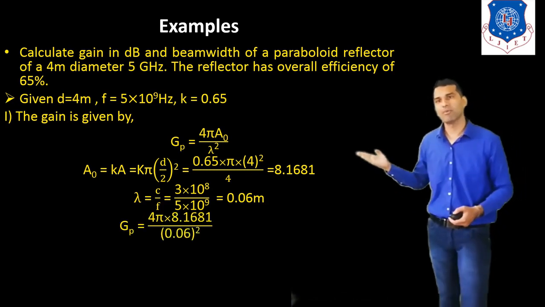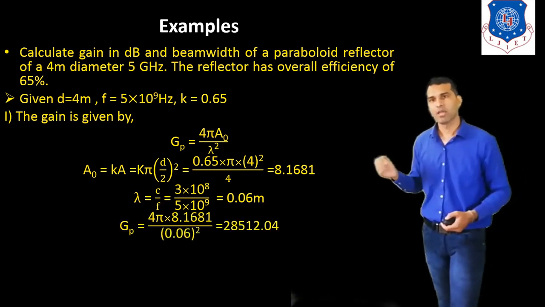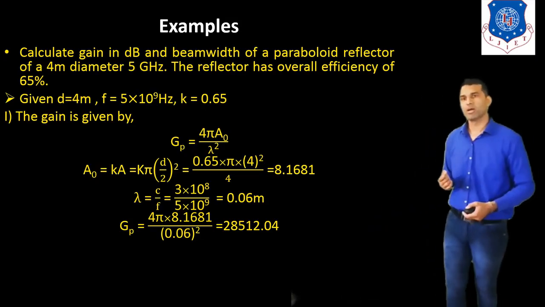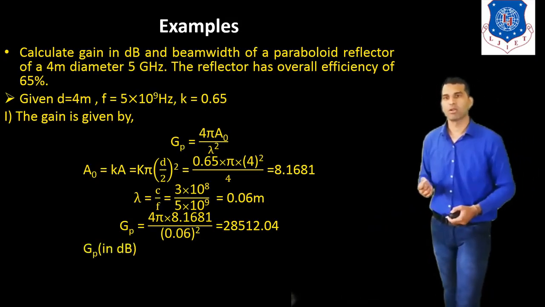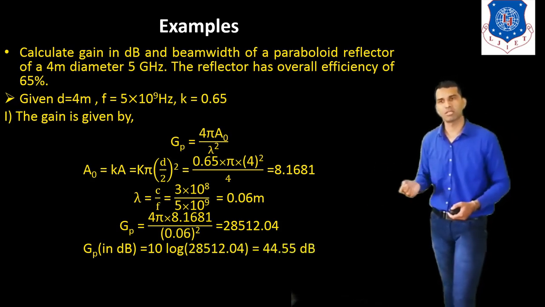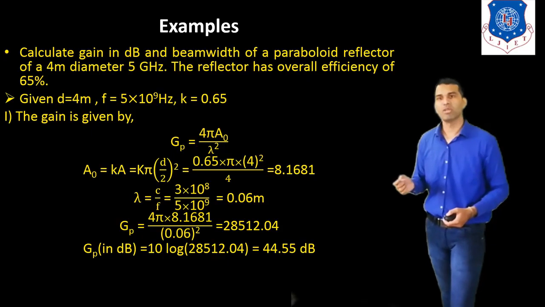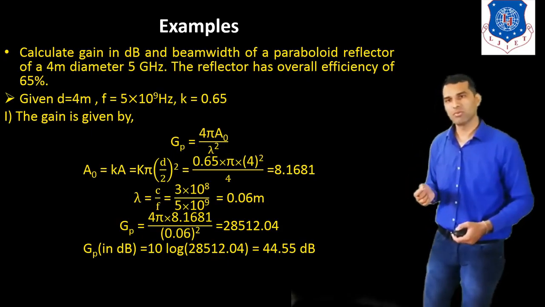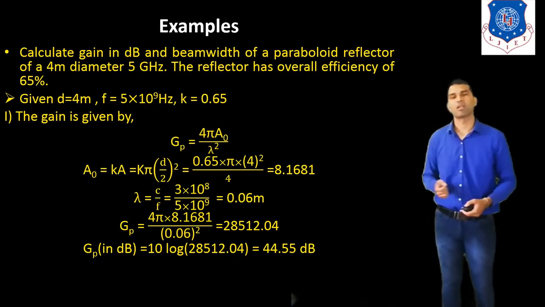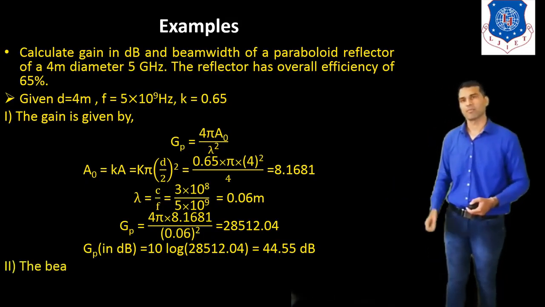By putting the values of lambda and A0, we get the gain is equal to 281,204. Now we convert this gain into dB using the equation 10 log. So we get that GP is equal to 44.55 dB. So this is the gain of the antenna.